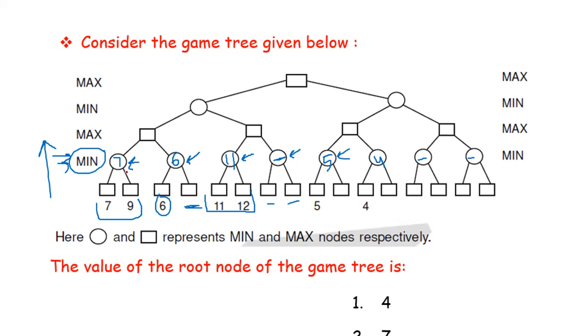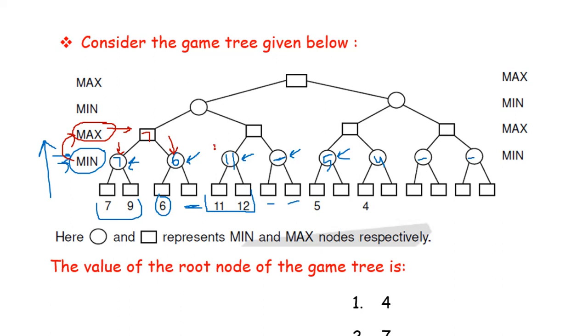Now we will move one level up. On the next level we have the max function. Here we will try to maximize our value. So the maximum of 7 and 6 will be 7.